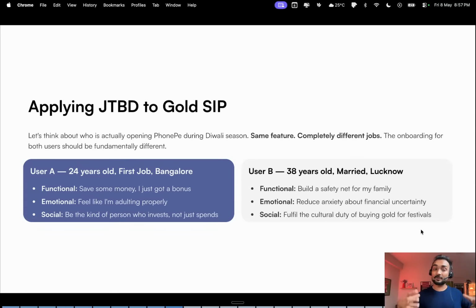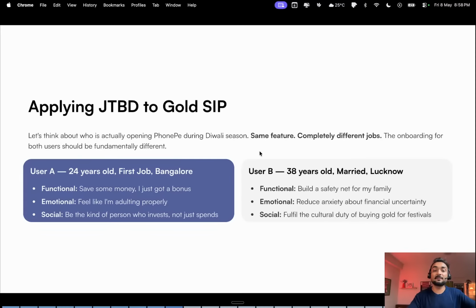So Diwali also has that, which is fulfilling the cultural duty, and this is not that prominent in tier 1 cities. Bangalore mein nobody is just like, oh you know what, I am a 24, 28-year-old guy, I think I should fulfill the cultural duty of buying gold in a festival. But in tier 2 cities it is important.